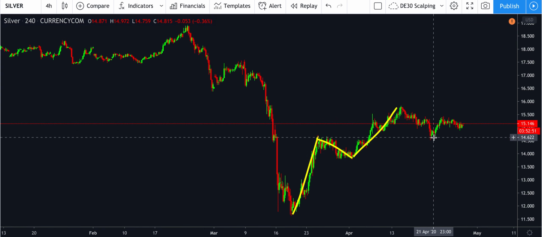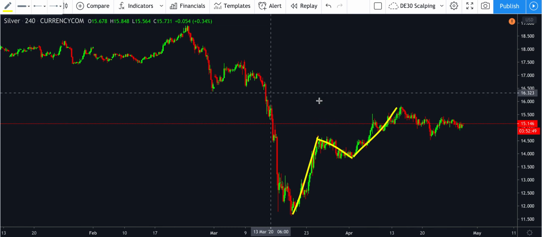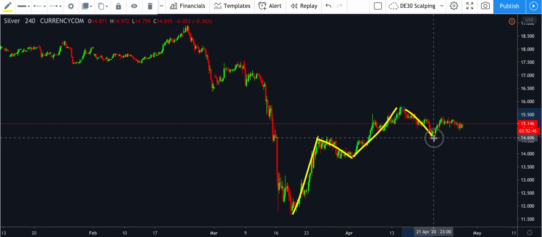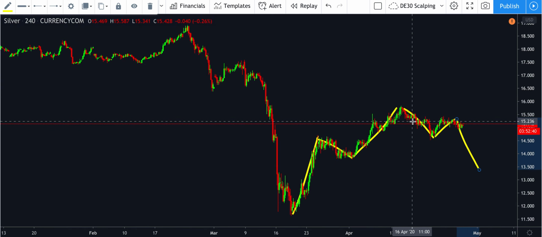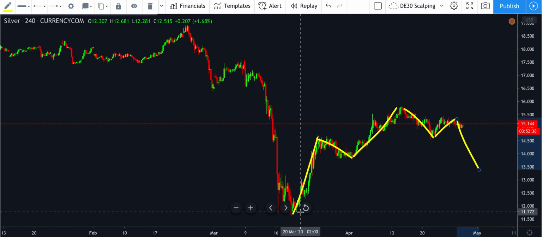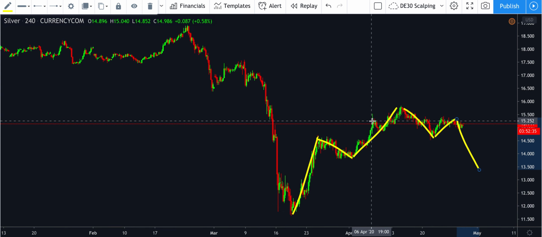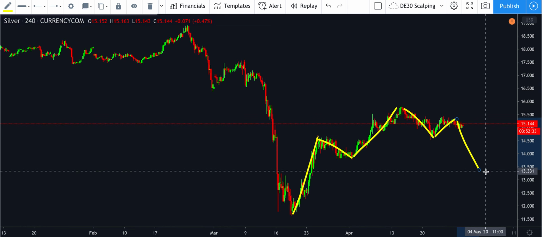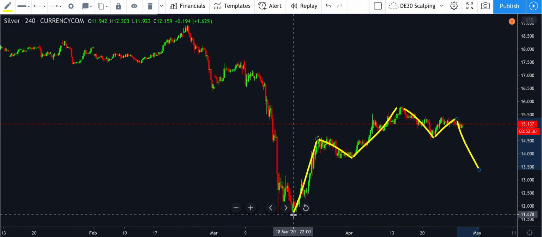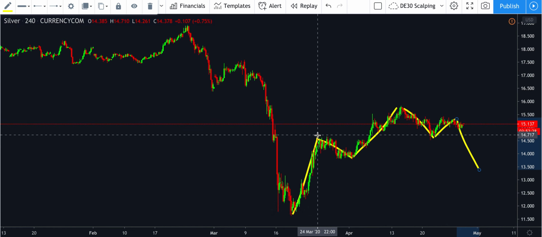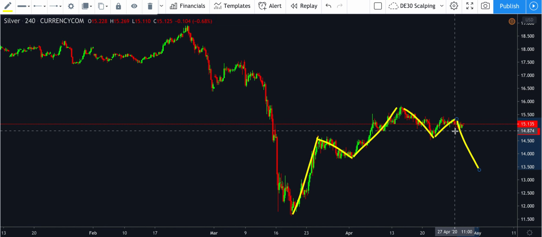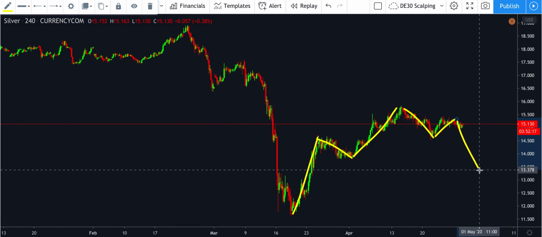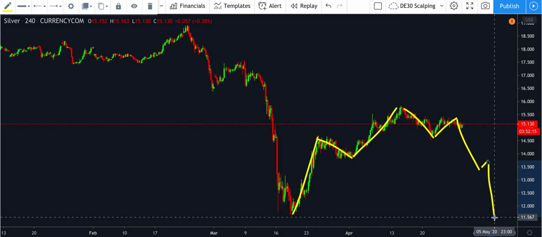What we have here can be either the beginning of a move down, because we have a second correction, and then we can get our correction completed. But it's not going to be completed like that, because if we have this as a correction, we should even have the continuation to test the low.